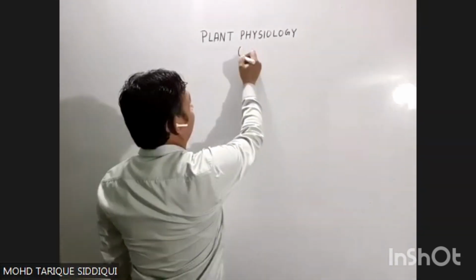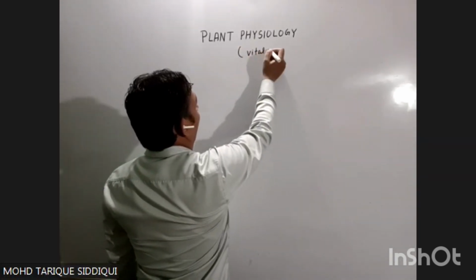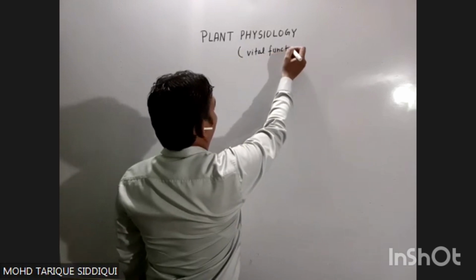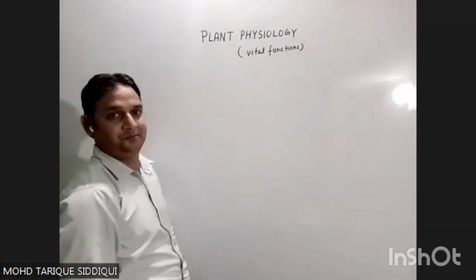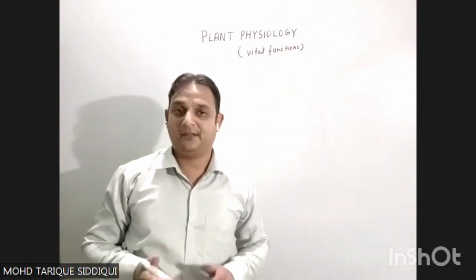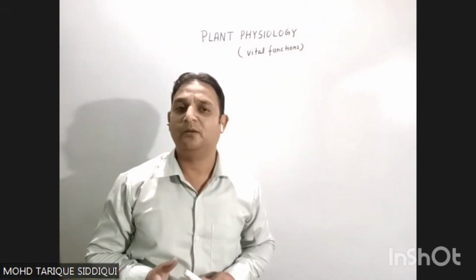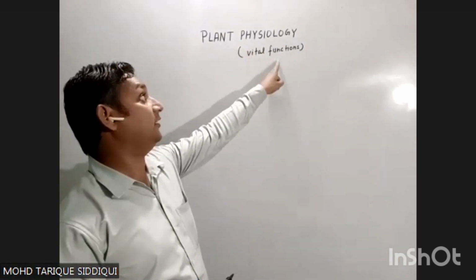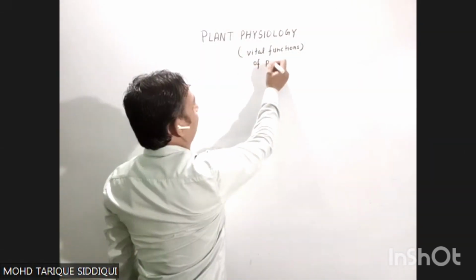Physiology here means vital functions. You will study plant physiology, and later on, you will come to know about human physiology. So plant physiology means the vital functions of plants.